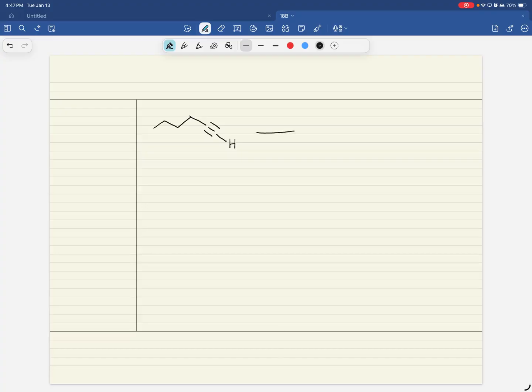So why do we add acids and bases in the first place? Well, it helps us generate molecules that react very easily, okay? So let's say we have a base here. Our base, let's just make it an amide, so a very strong base. You have a negative charge on the nitrogen, okay?